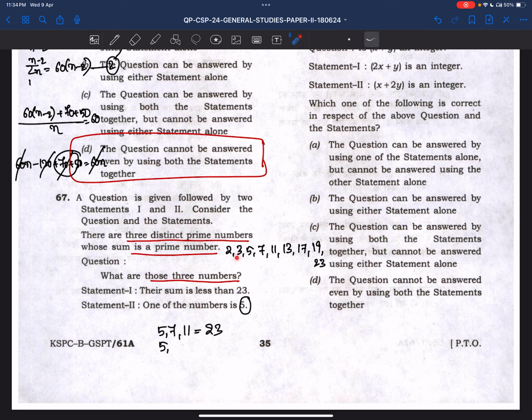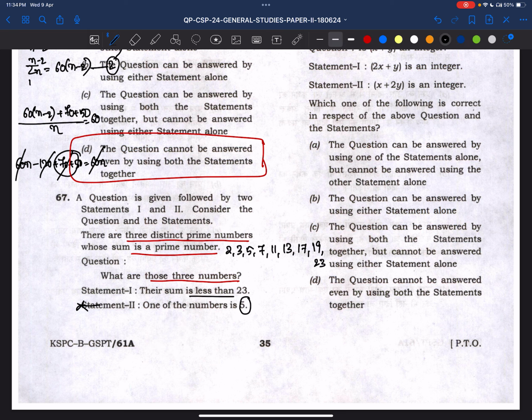Already 3, 5, 7 is not possible. 5, 7, 11 is also completed. 5, 7, 13 will become 25. 5, 7, 15, and so on. This way you can take any number set. That means by using statement number 2, we cannot find the unique set of values.